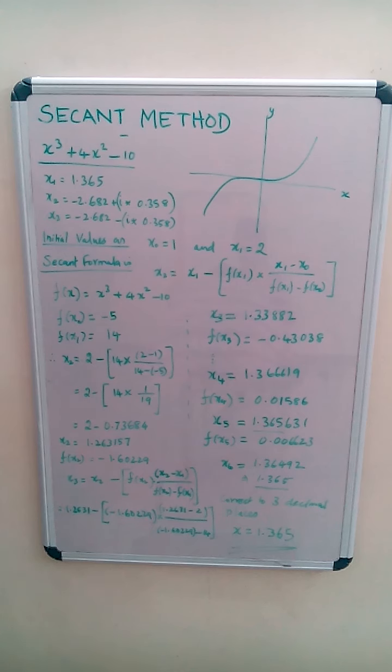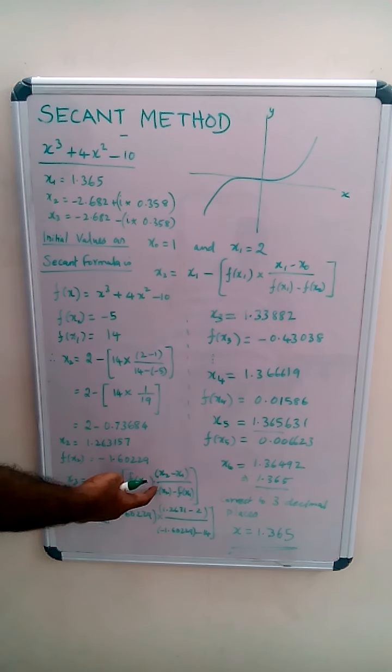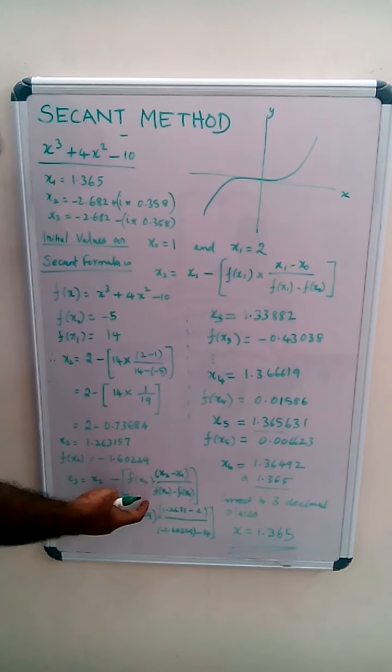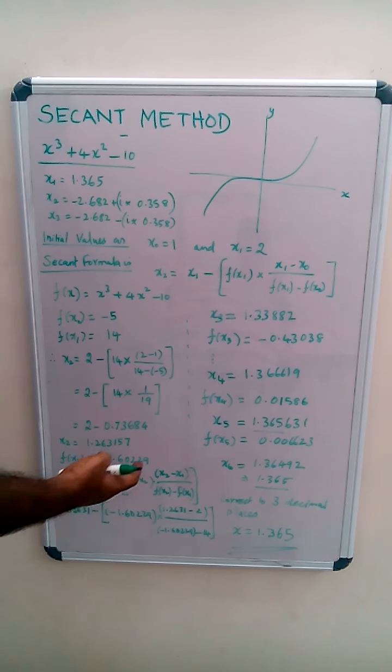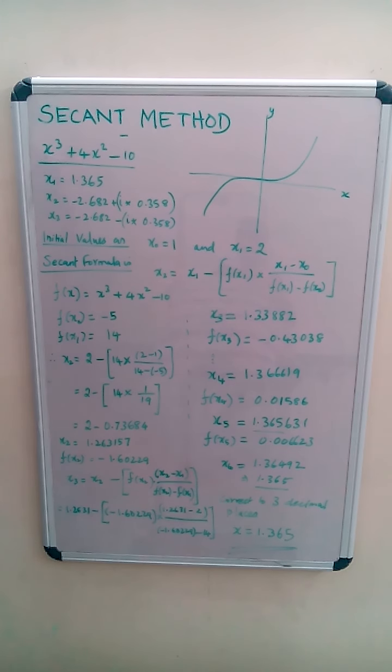Now we have to update our approximate value to find the next x value by substituting the previously determined x value. That means we find x3, which is equal to x2 minus f of x2 into x2 minus x1 divided by f of x2 minus f of x1. All these values are known. x2 is determined now as 1.263157, f of x2 we have just evaluated, and x1 and f of x1 are already calculated.